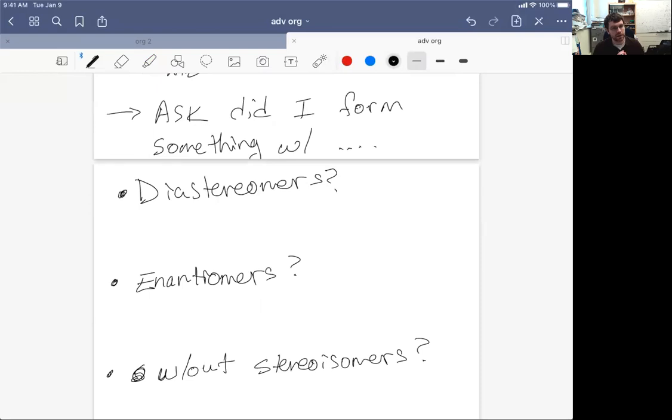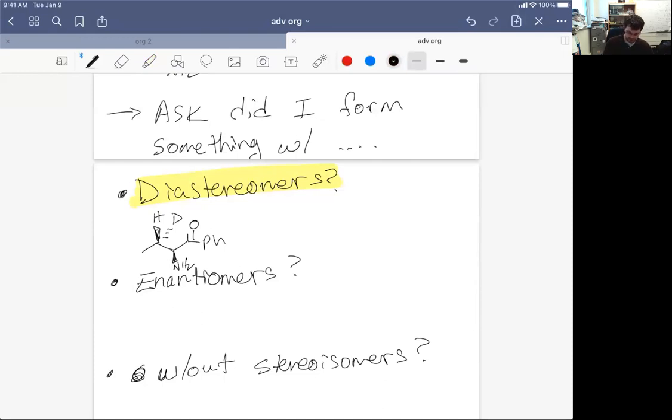Did I form a molecule that has the potential to form diastereomers, enantiomers, or something else? Well, it turns out that we're right here. Enantiomers, or excuse me, diastereomers, because this molecule, we could introduce diastereomers, that is, if you flip them.